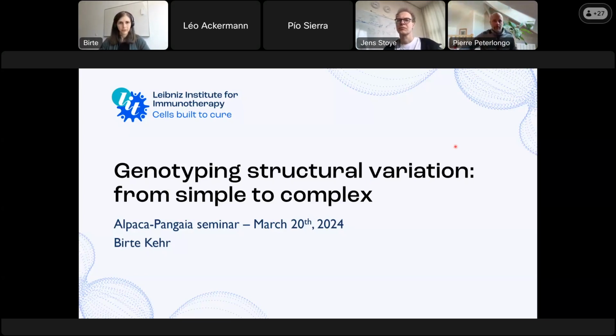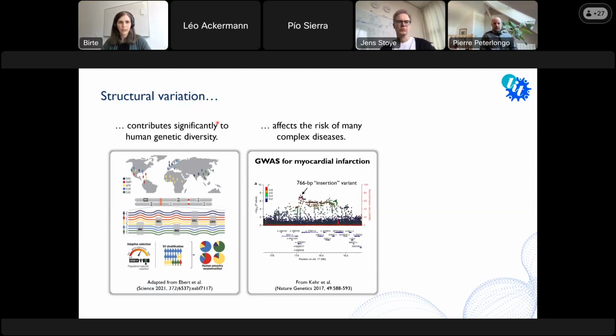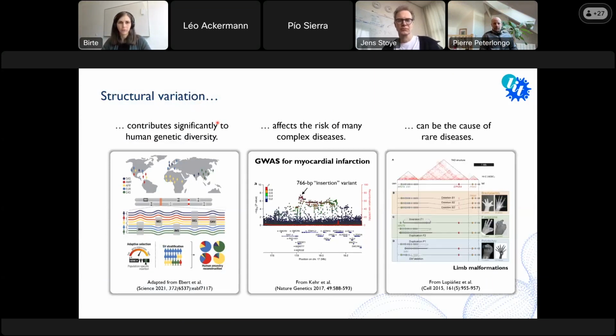And I think structure variants are very interesting, not just because they contribute significantly to human genetic diversity, as maybe even some people here published a few years ago, but also because they contribute to the risk of many complex diseases and can cause rare diseases as well.